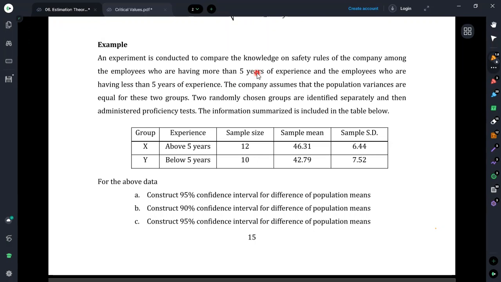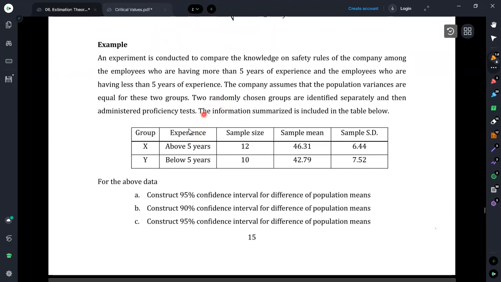In that situation we can simply say these are two independent samples, since there is no overlapping or dependency.